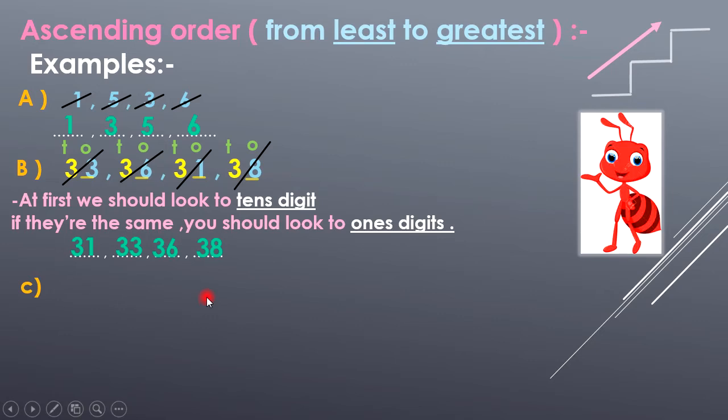Let's see another example. Example letter C. I have 11, 41, 25, and 31. Okay? And we said that when we have two-digit numbers, we have some steps.